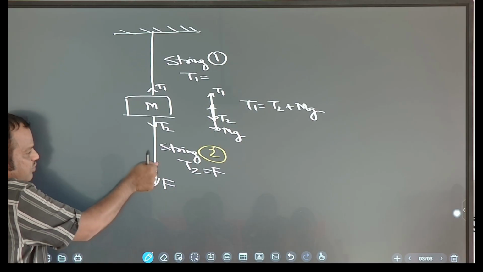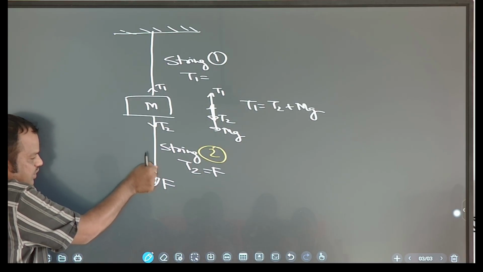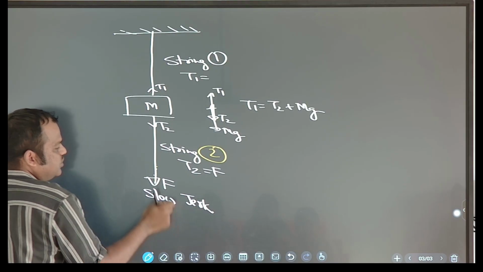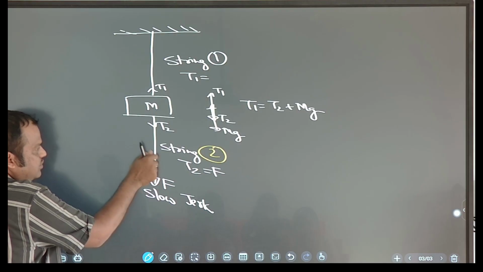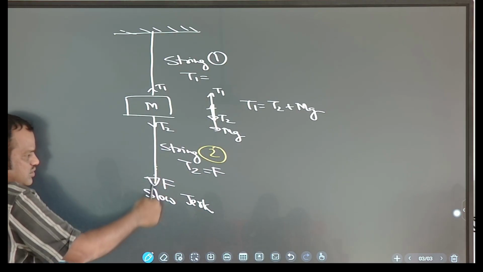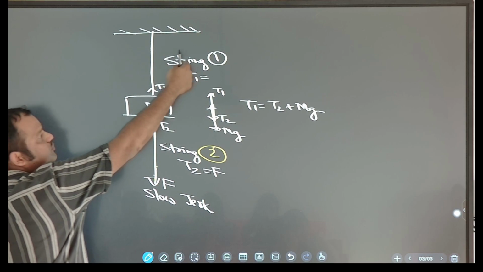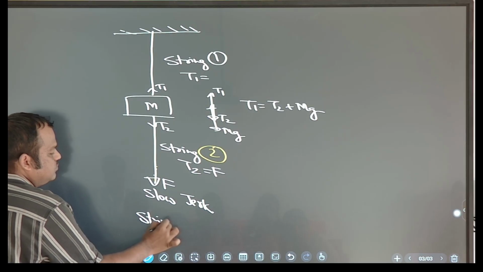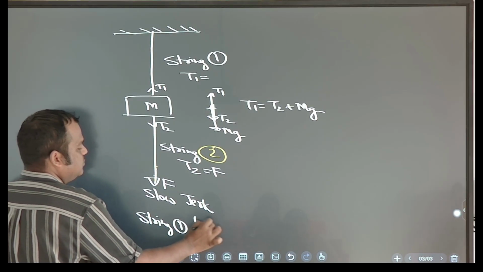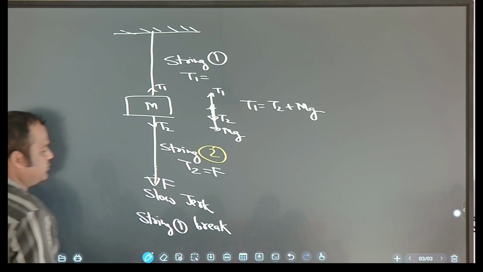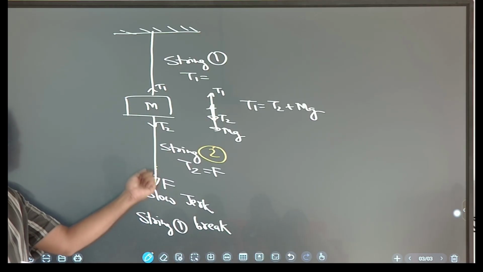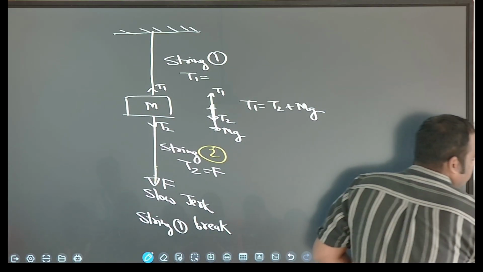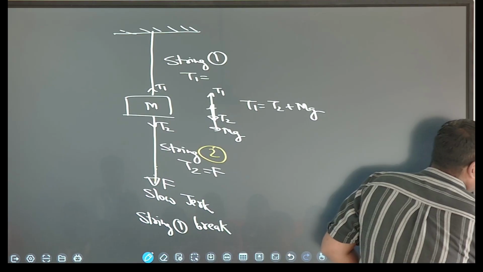When you are holding it and slowly pulling it down, that is known as a slow jerk. Slowly I am holding it, slowly I am pulling it.